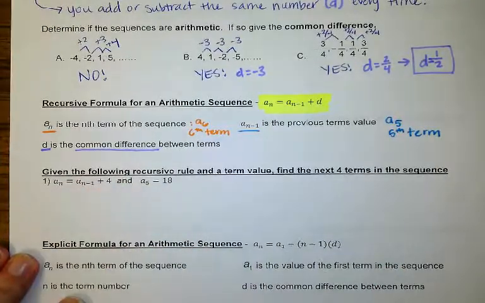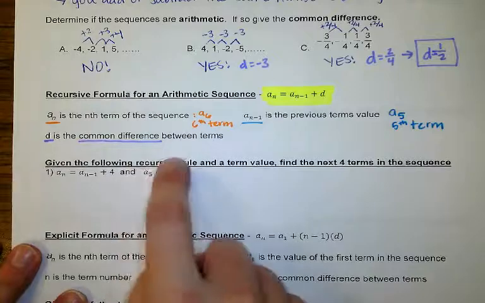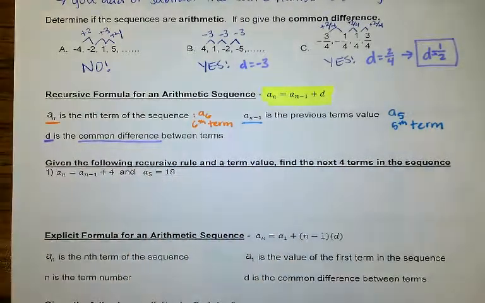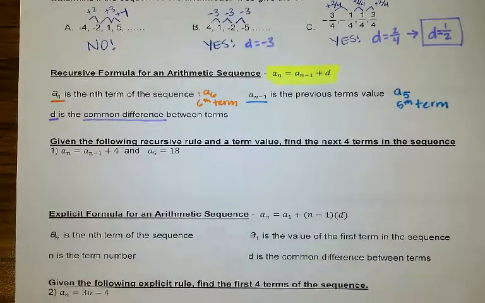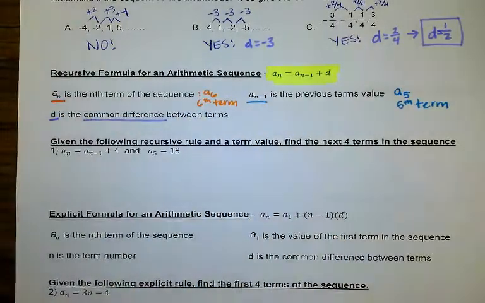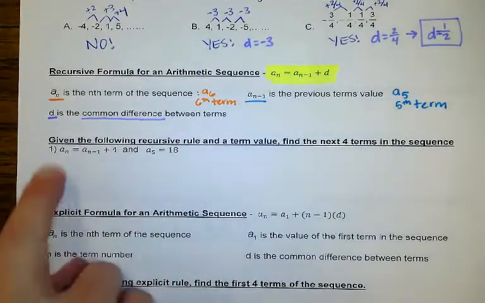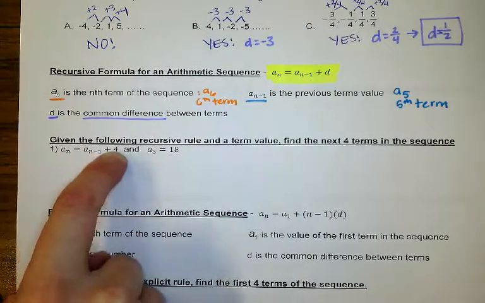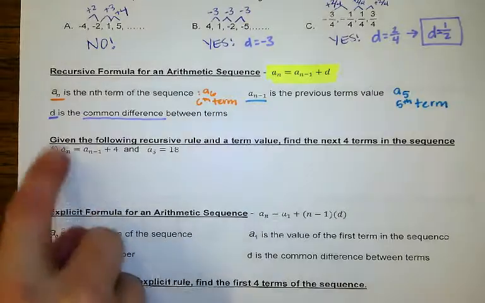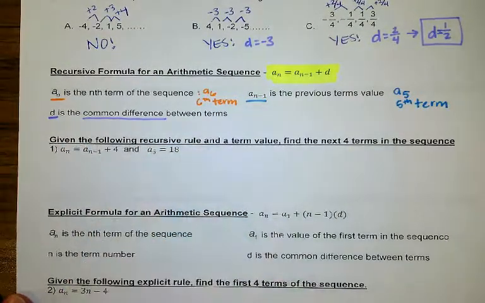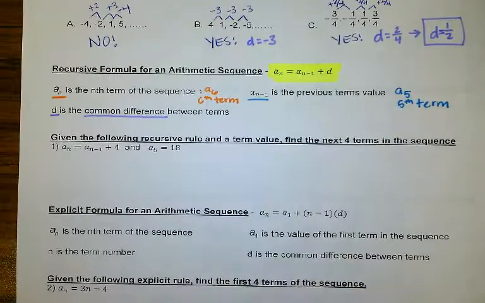Sometimes they like to show you things like this, and it can look a little bit scary. Given the following recursive rule and term value, find the next 4 terms in the sequence. If our recursive rule is a sub n equals a sub n minus 1 plus 4, that's our rule, and we know that a sub 5 is equal to 18, and we want to find the next 4 terms, what terms are we looking for?